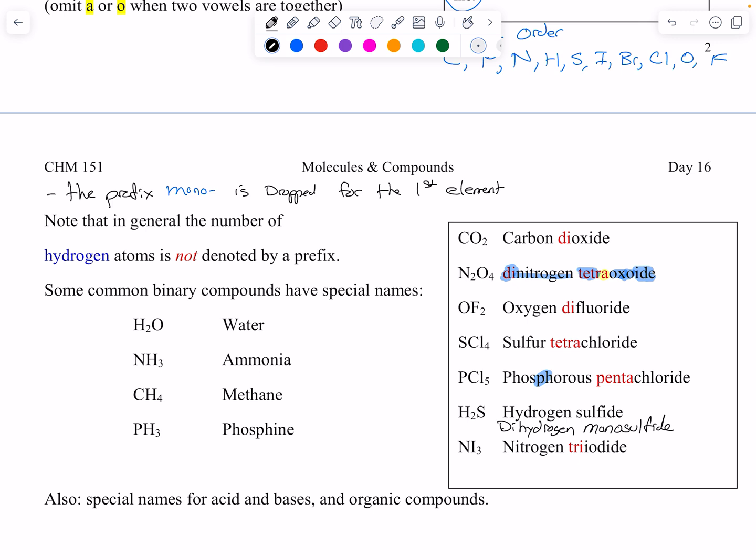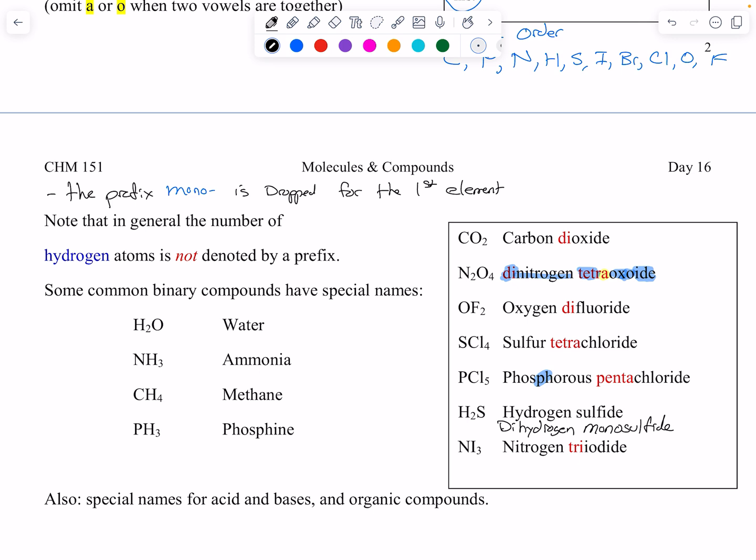It's always going to be H2S. If it's not H2S, I need to know. Otherwise, it's H2S. As you're learning, if you write out dihydrogen monosulfide, I'm not going to be mad at you. Just know that it's not going to be given to you that way, if that makes sense. You're going to be given hydrogen sulfide, and yes, you will expect to know it's H2S. If you write that down, though, not a big deal.